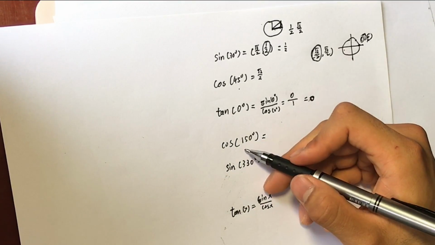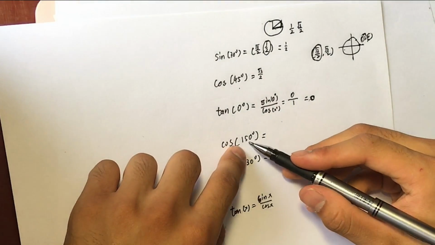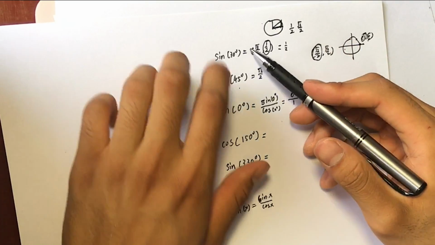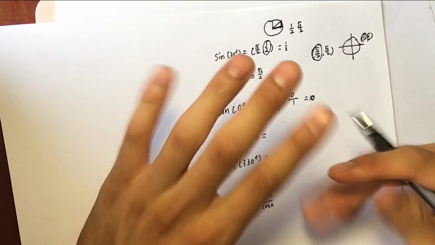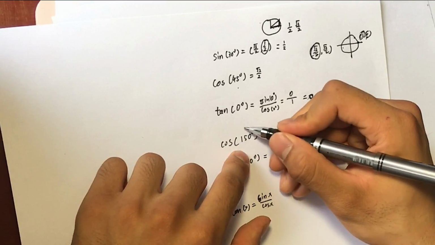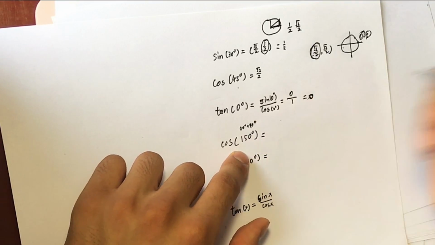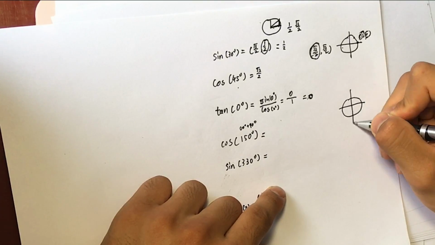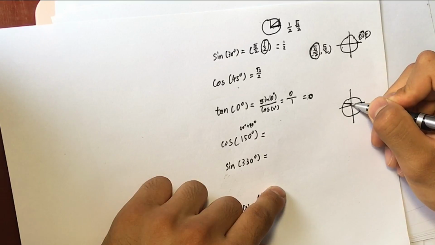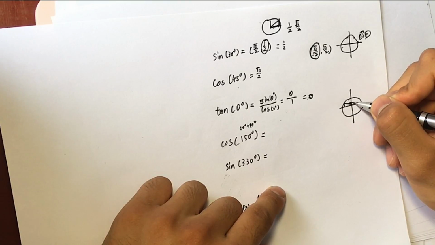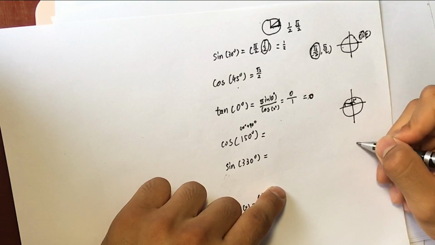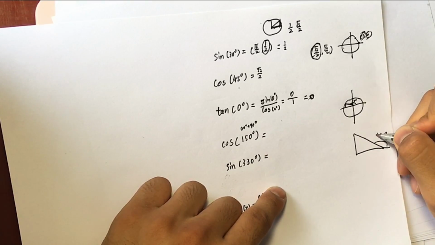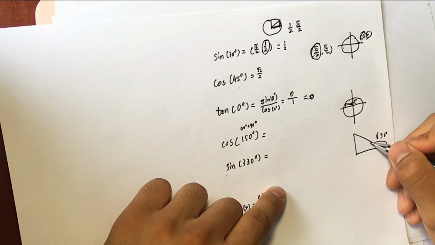Cosine 150. So, 150, what's 150? Doesn't it belong to the 30 degrees angle family? This is like 60 plus 90, right? So we know that is somewhere over here. Let's make it bigger. So that's 150. And what do you have left? This angle is 180, so this is 30 degrees.